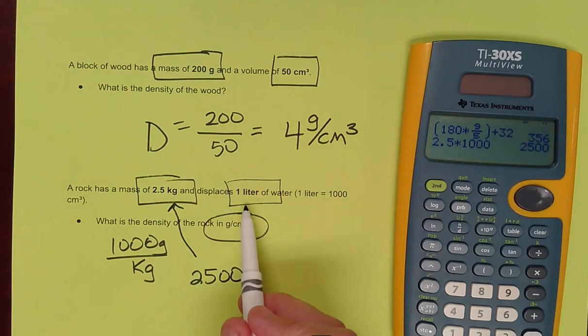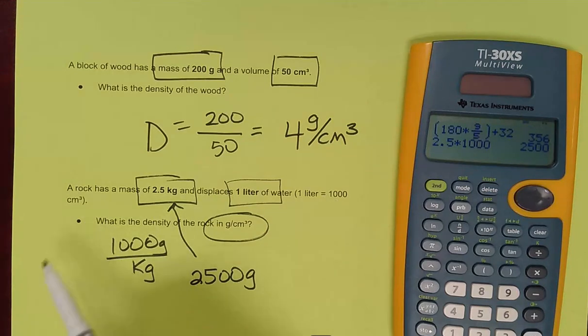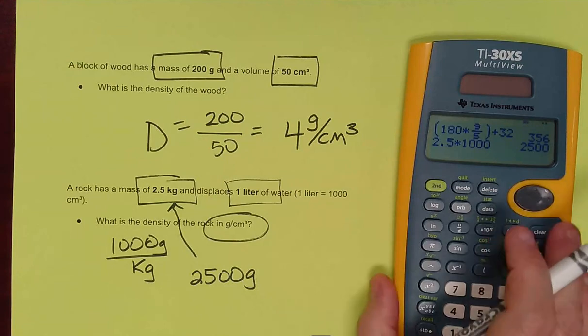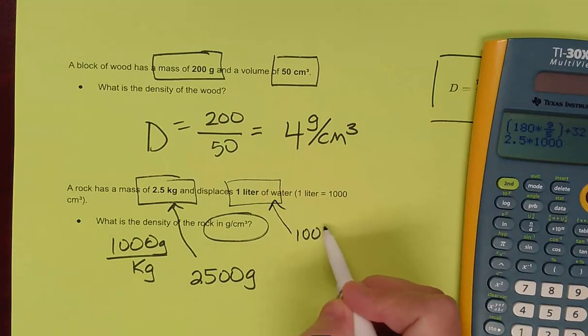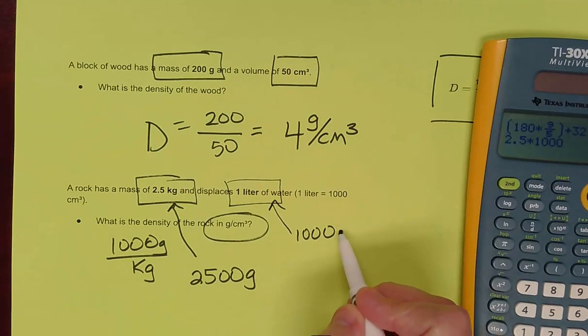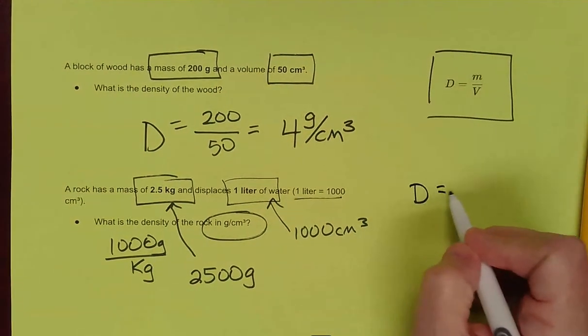We also have 1 liter of water. The same thing, 1 liter is 1,000 cubic centimeters. It's actually a milliliter as well. But so this is 1,000 cubic centimeters. But they give you this conversion that you might need if you didn't know it. And we want density equals the mass.